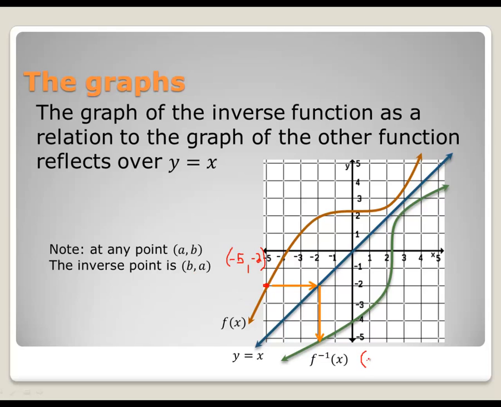So over here we have negative 2, comma, negative 5. That's right there. Not drawn perfectly, but you get the idea. So for our point (a, b), the inverse of that point is (b, a). And that's at every single point.